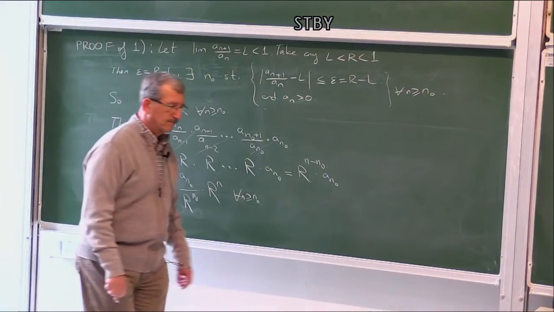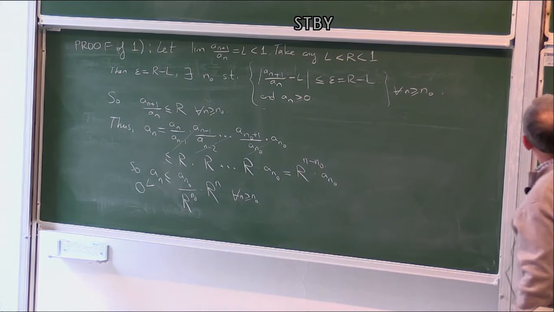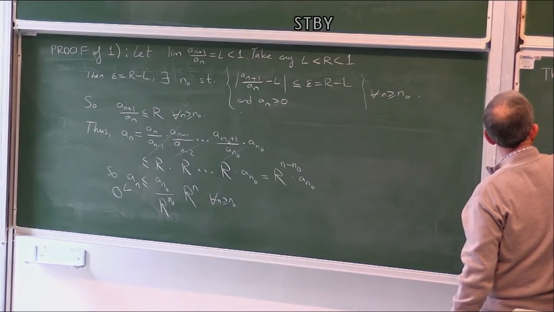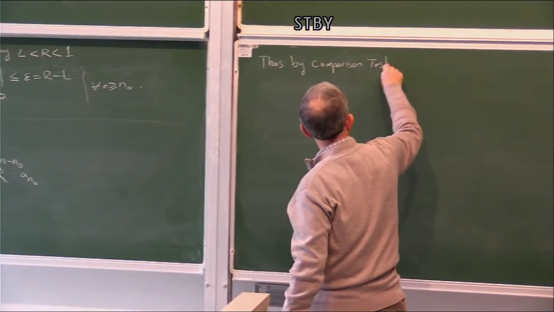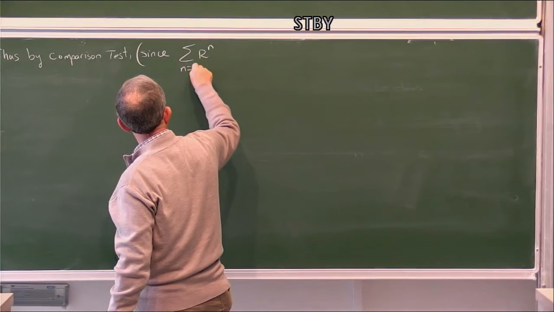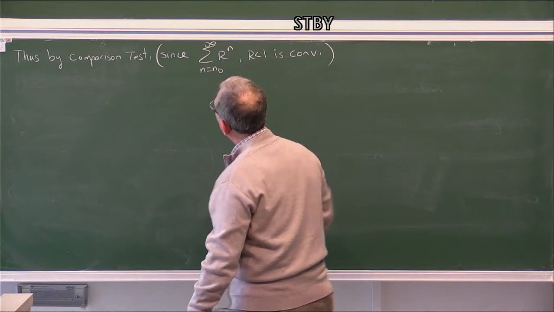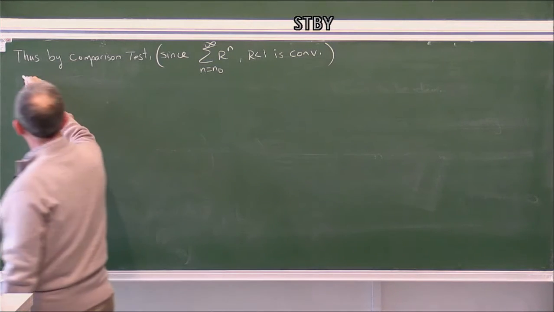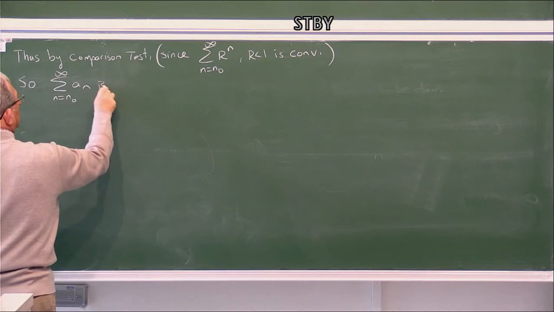Now, because the a_n are positive at the same time, by the comparison theorem, because the bigger one is convergent, the series of a_n is also convergent.